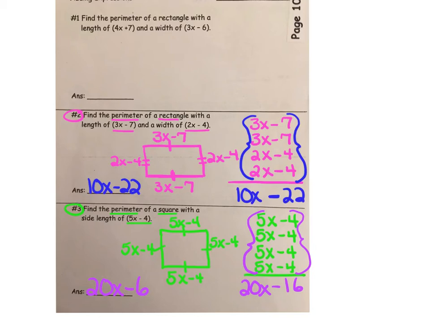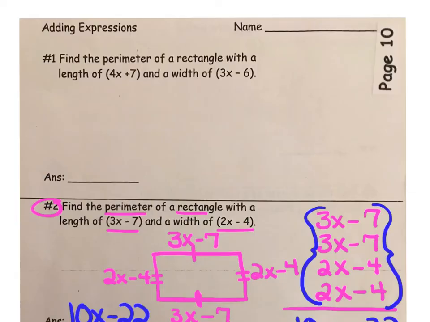Now complete this page by finishing problem number 1 on your own. But let's read it together. It states, find the perimeter of a rectangle with a length of 4x plus 7 and a width of 3x minus 6.